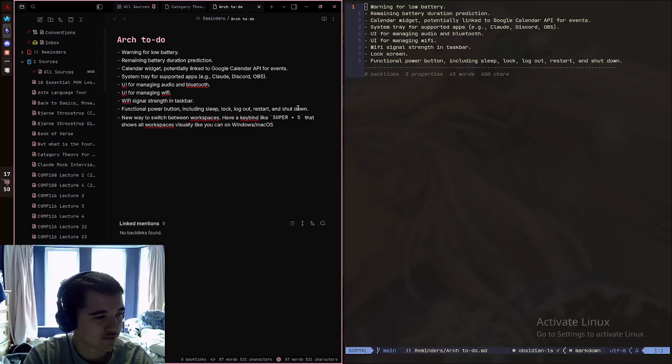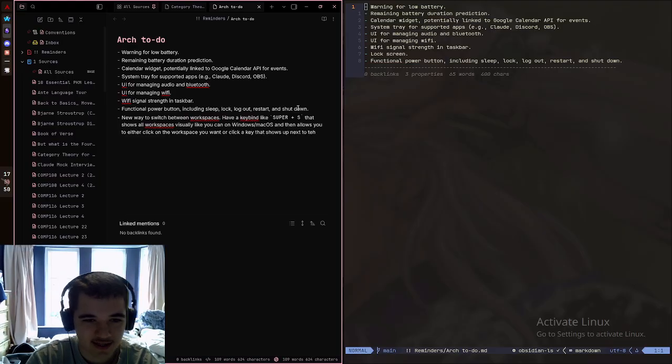And then it allows you to either click on the workspace you want, or press a key that shows up next to it.